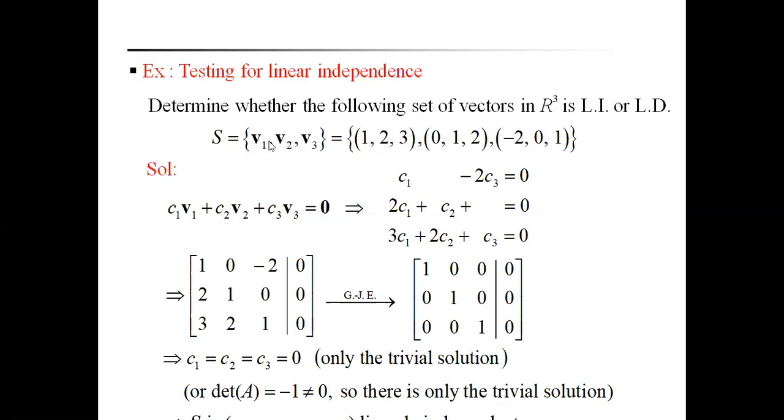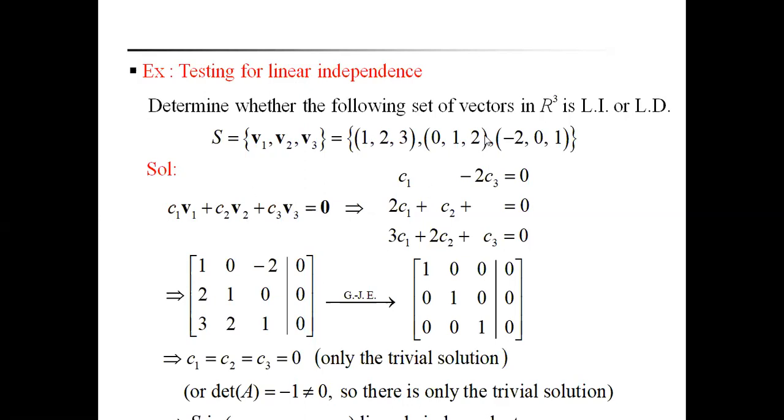Here there are three vectors V1, V2, V3. Take the three scalars C1, C2, C3. Write the linear combination like this: C1 V1 plus C2 V2 plus C3 V3 equal to 0 bar. This is the linear combination equation.